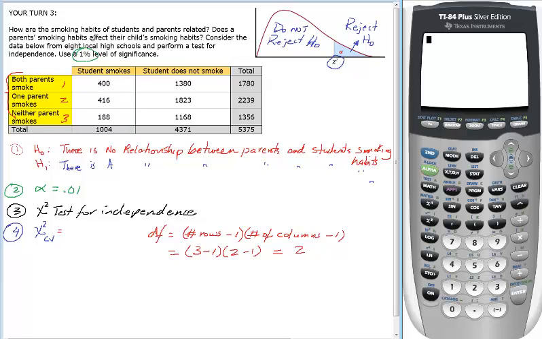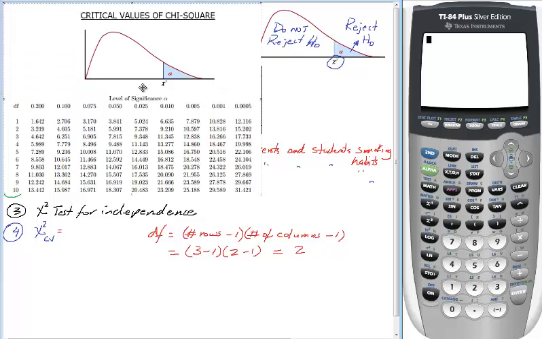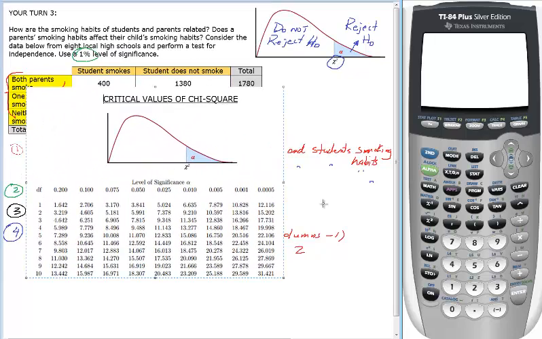That comes from a table, so let's bring up the table here now. We're doing a 0.01 level of significance, so let's find that, right here. And our degrees of freedom is 2, which is right here. So we can see that our critical value is 9.210.